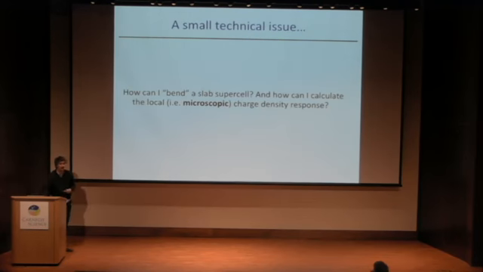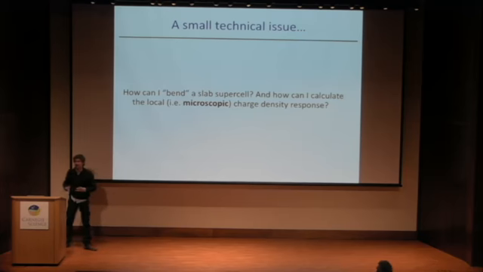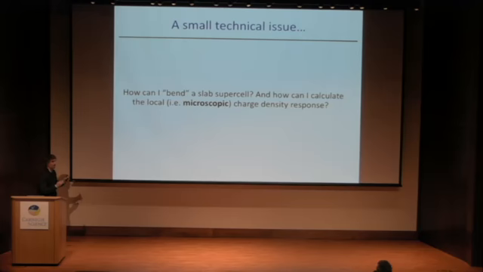So then, at this point, I have a small technical issue, which is how to bend a first principles code, which is notoriously hard to make. It is not very flexible.